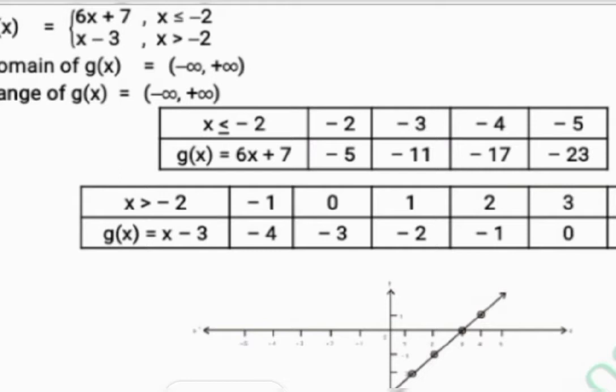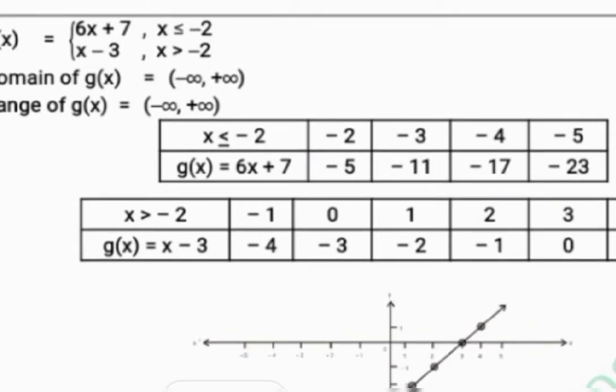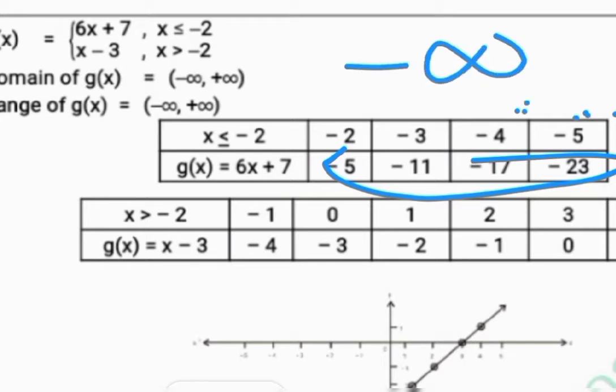decreasing. If we put some values in this function, you see that -5, after -5 there is -11, after -11 there is -17. This value is decreasing and it will decrease up to -infinity.